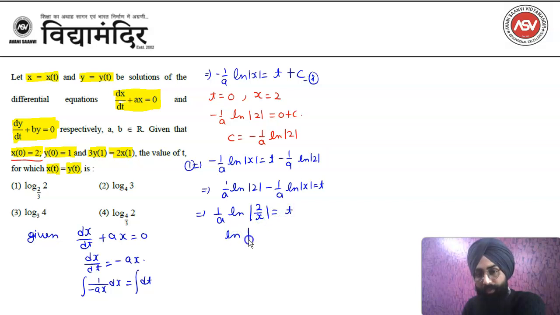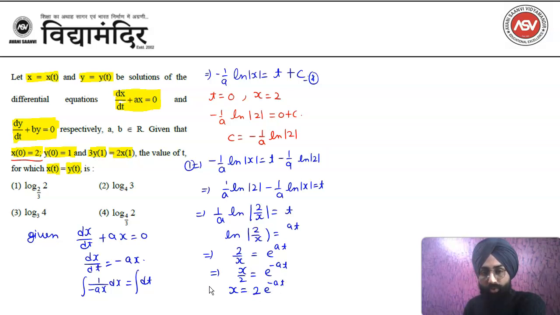We can write it as ln (2 upon x) equal to at. Now taking exponential on both sides, we get 2 upon x equal to e raised to power at. Or we can say x upon 2 will be equal to e raised to power minus at, and x is coming equal to twice of e raised to power minus at. So this is the solution that we got for the function x.